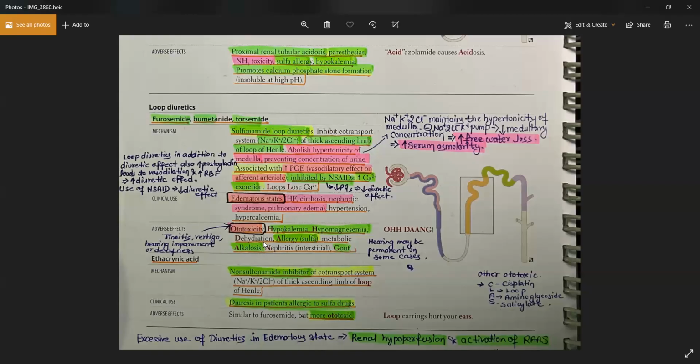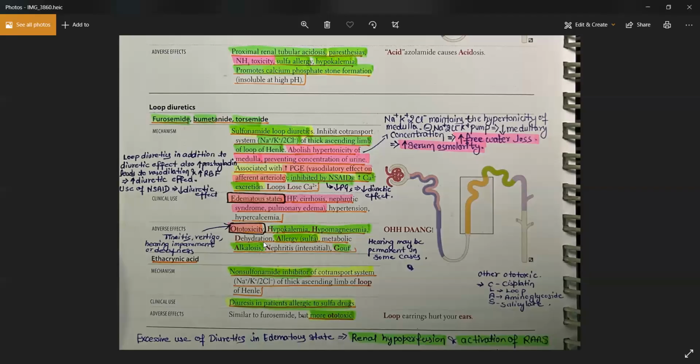Losing the acids. What acid are you losing? H+ secretion. Because of potassium, you're losing potassium.